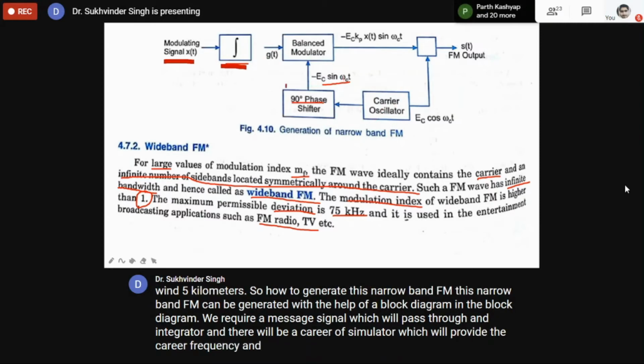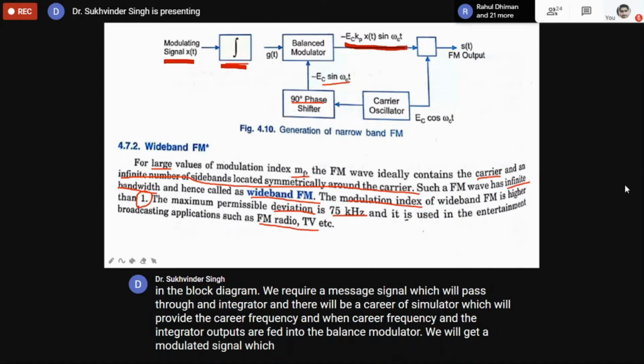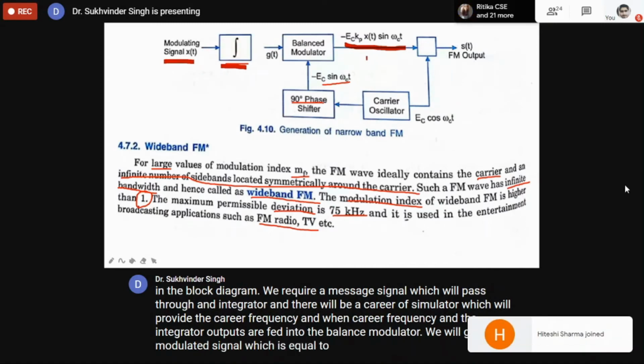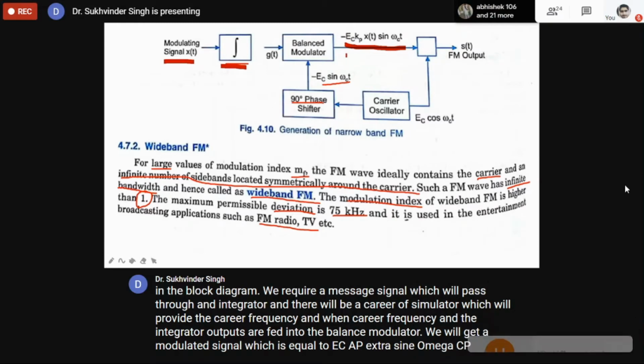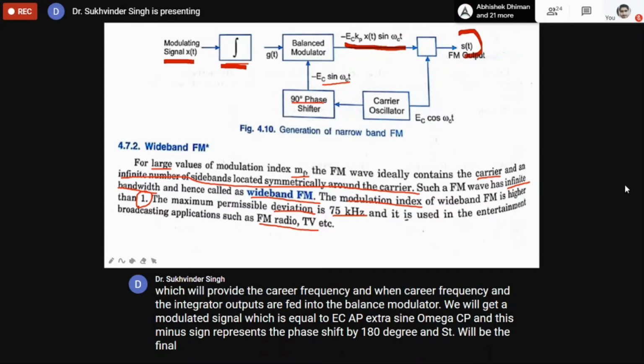And when carrier frequency and the integrator outputs are fed into the balanced modulator, we will get a modulated signal which is equal to EC KP XT sin omega CT, and this minus 90 degree, and ST will be the final output of this block diagram, which is for the frequency modulation technique.